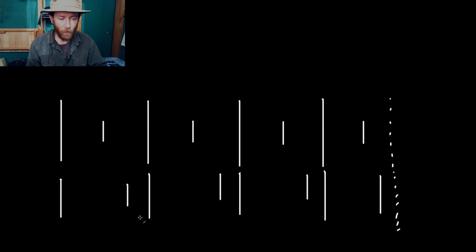A fully swung piece breaks this basically up into 3, my drawing is awful here, but pretend that these are 3 even segments of time, and we've gone from the original middle position all the way to this triplet location, okay? That would be like fully swung. You can go even further than that if you want. But a lot of times it's kind of in between, the halfway point in this thing. The beat is actually happening somewhere in the middle.